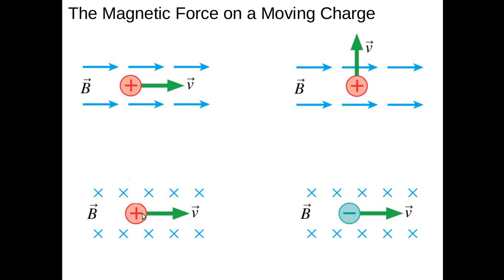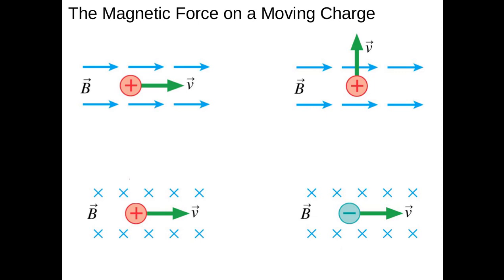Bottom left, let's do it again. Fingers in the direction of the velocity vector, so my fingers are in the positive x direction now, and I want to curl them in the direction of the magnetic field. What's the direction of the magnetic field here? I see x's, that's the back of my arrow, so the magnetic field vector is into the page, in the negative z direction.